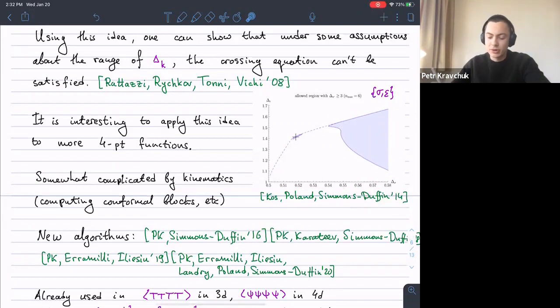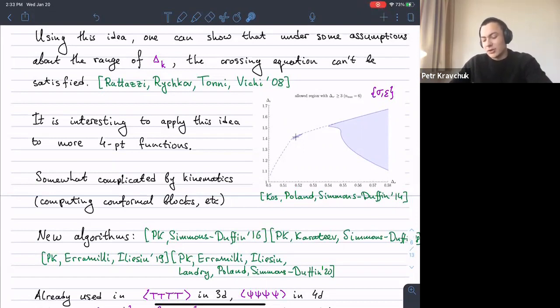This is from this paper, in which the statement is that if you take any point in the white domain, so if you assume that delta epsilon and delta sigma have any value in the white domain, then using this logic I just described, you can prove that the crossing equations have no solutions. And if we take a point in the blue domain, then you cannot prove anything. Maybe the equations have a solution, maybe they don't.